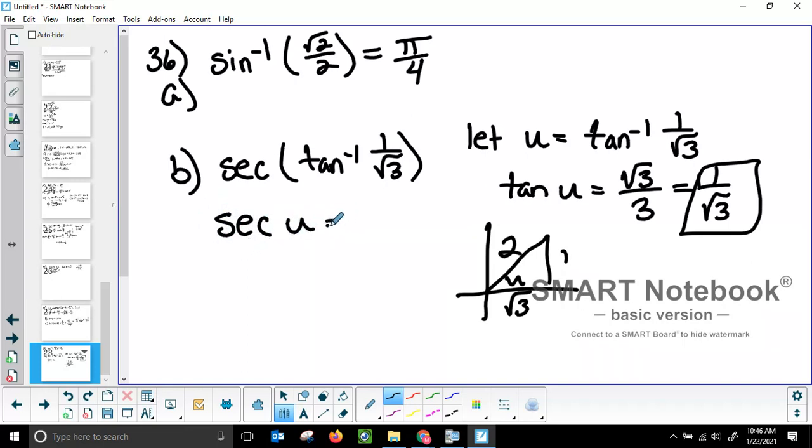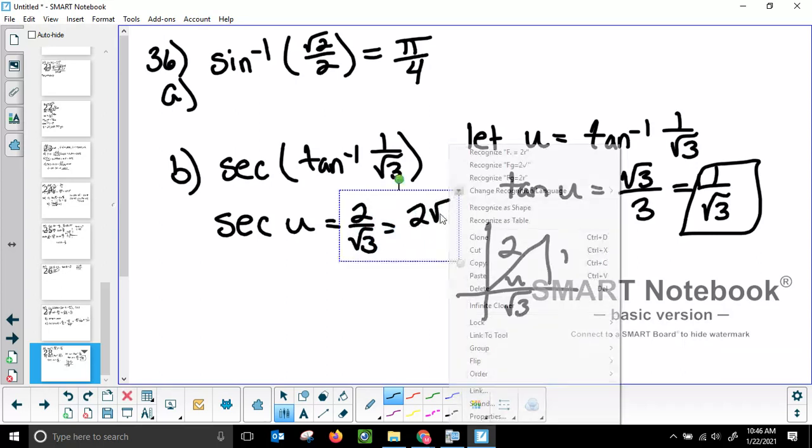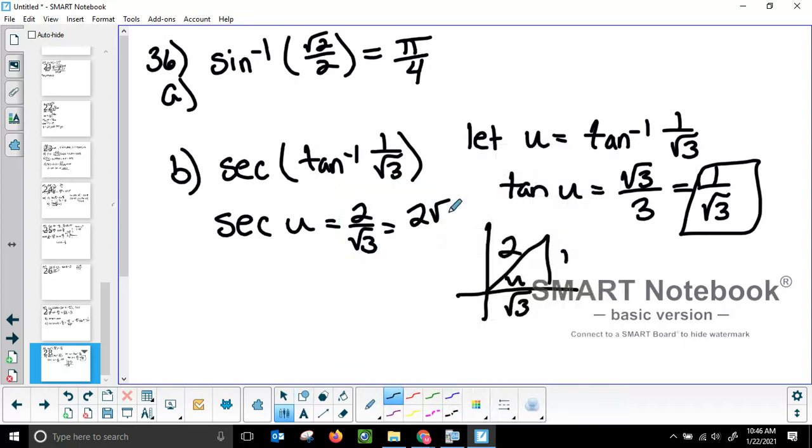All right, well, secant of u is the reciprocal of cosine. Cosine is adjacent over hypotenuse, so square root of 3 over 2. So secant is hypotenuse over adjacent, so 2 over root 3, which is equal to 2 square roots of 3 over 3. Done.